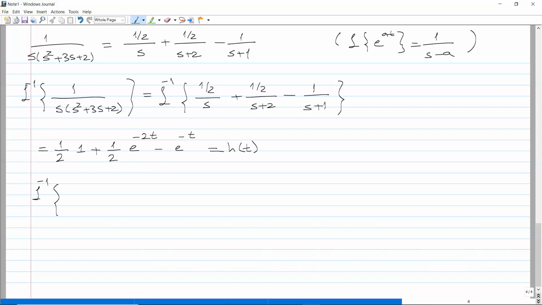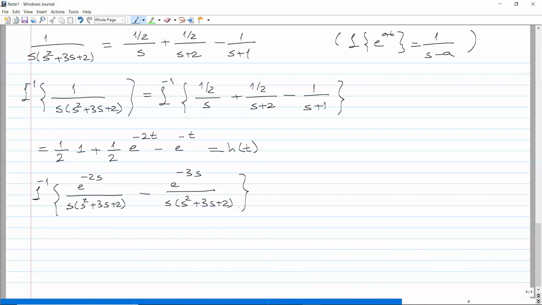Yes. e to the minus 2s over s squared plus 3s plus 2 minus e to the minus 3s over s squared plus 3s plus 2.